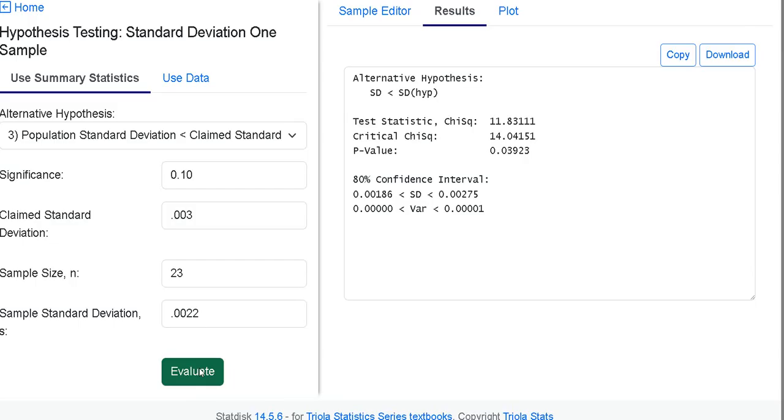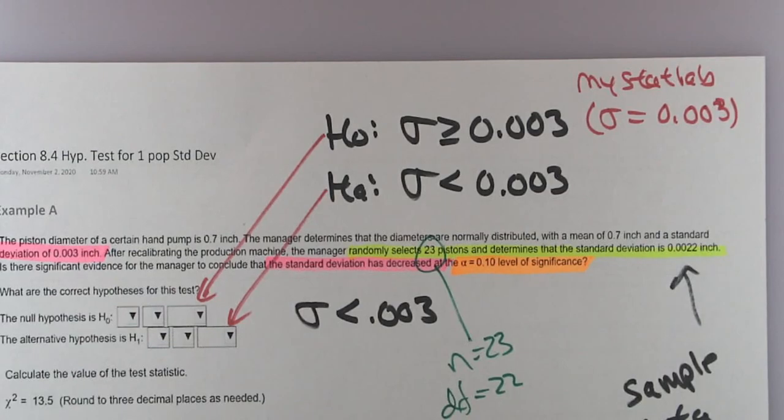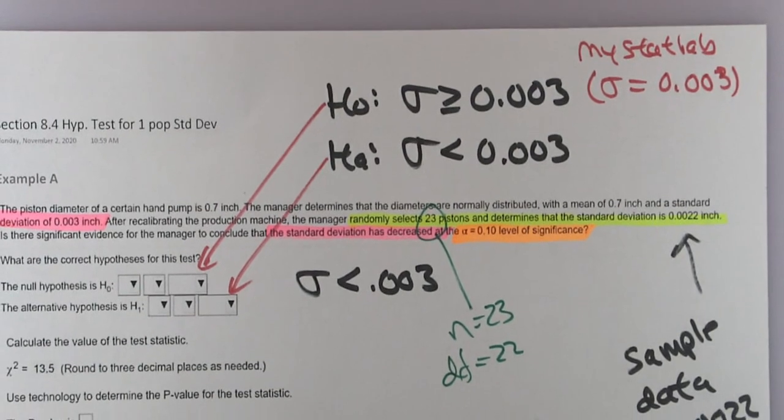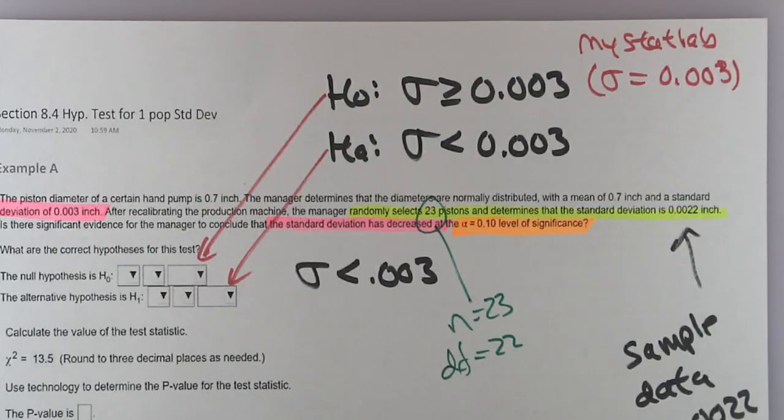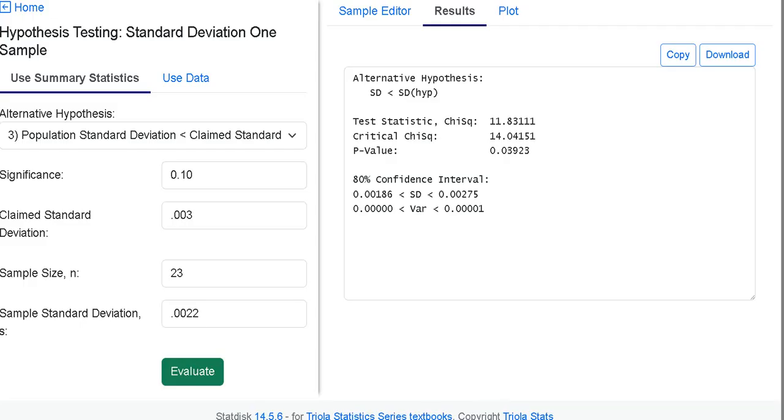We're still okay. All right, so let's think here. I think we've got all we need. So use technology to determine the p-value for the test statistic. Our p-value in this case is what? 0.039. All right, so 0.039.